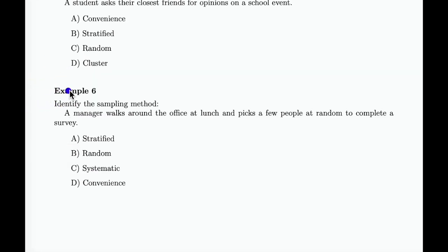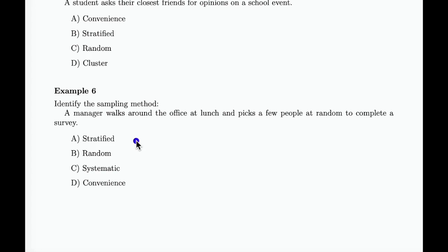Okay, last example. A manager walks around the office at lunch and picks a few people at random to complete a survey. This here is a random sample, but it's not a simple random sample. It's not planned in a way that every single person has an equal chance of getting picked.